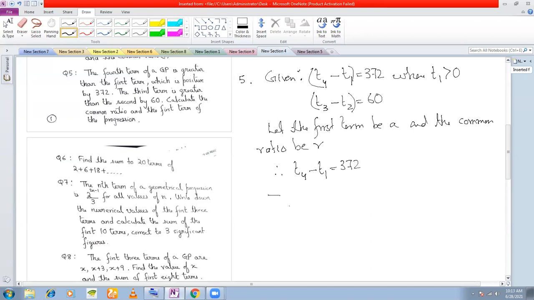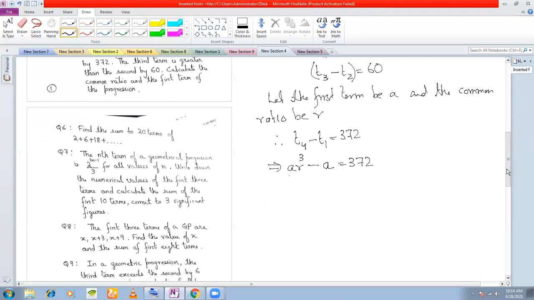What does this mean? T4 is AR to the power of 4 minus 1, AR cube. And T1 is A only, right? First term is A or AR to the power of 1 minus 1. So what are you getting? A times R cube minus 1 is equal to 372.